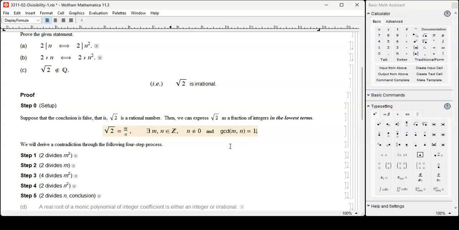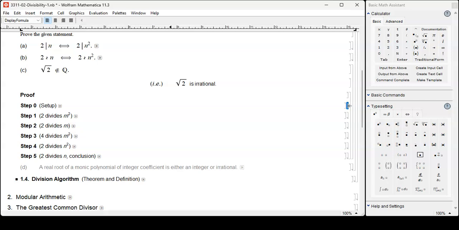We will define this relatively prime business, and the lowest term, in a lot more rigorous form sometime next week. For now, let's just accept this. And then we're going to derive a contradiction through the following 4-step process. I said 4, but maybe it's a 5-step process, we'll see. 4-step and then just the conclusion maybe.